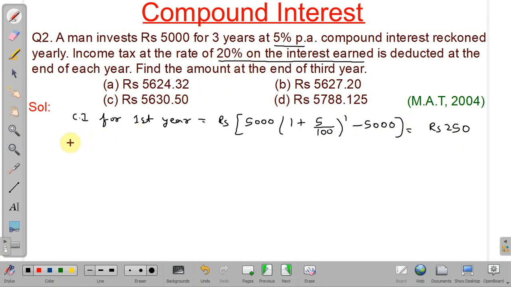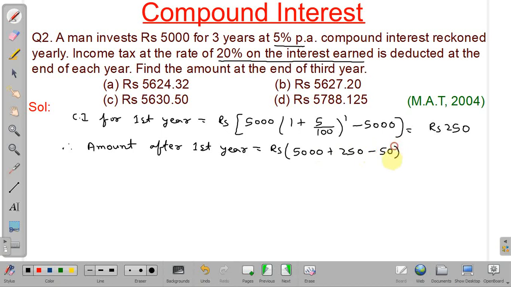So we can calculate amount after first year. So amount after first year will be equal to, see, principal is rupees 5,000, interest is 250, and 20% of 250, so 50 rupees will be deducted as tax.